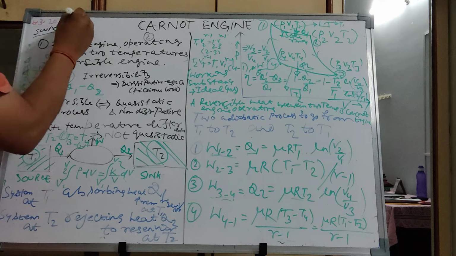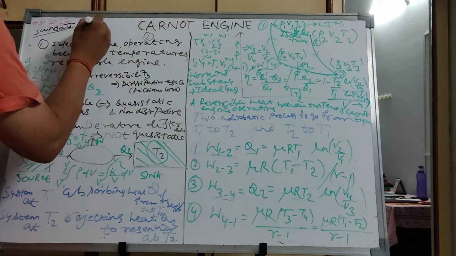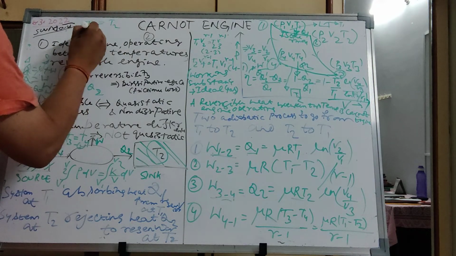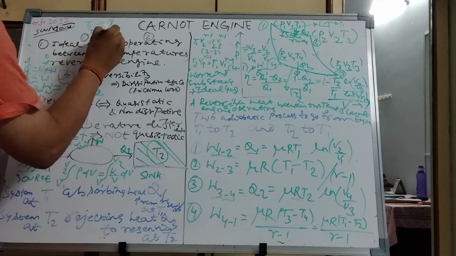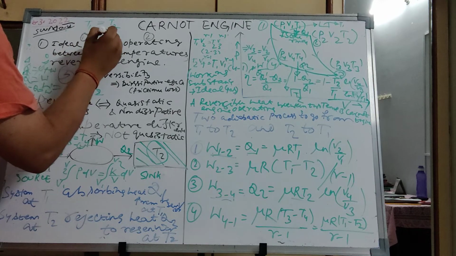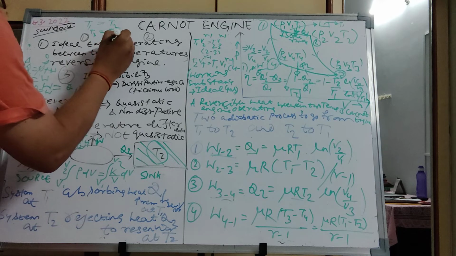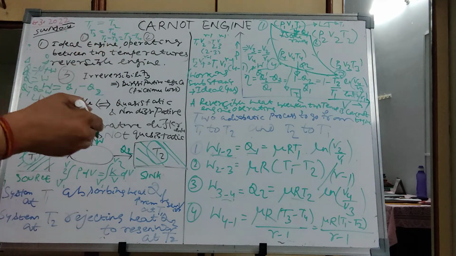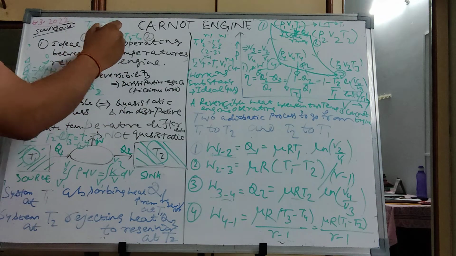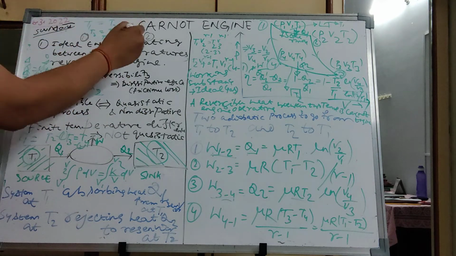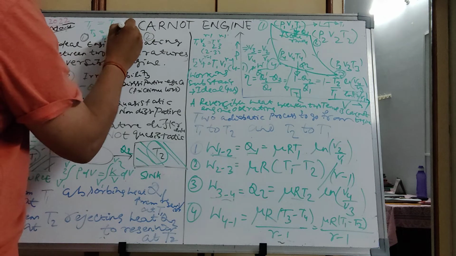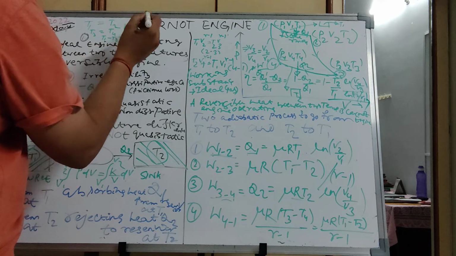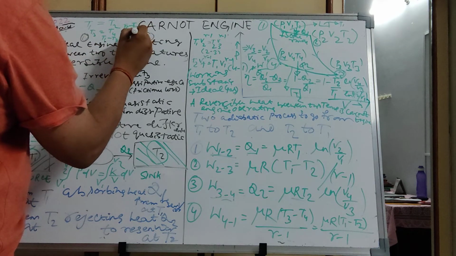So we'll say T1 is equal to T2, T3 is equal to T4, then T1 minus T3 is equal to T2 minus T4. That implies, if you take it on that side, T3 minus T4 is equal to T2 minus T1.